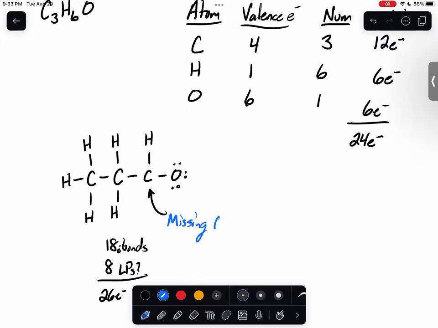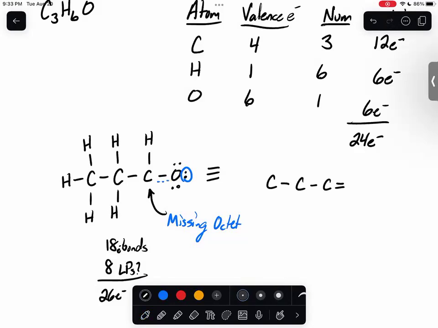So the question becomes, how do we fix that missing octet while not messing up our electron count? And the answer is we can actually make double bonds, right? All these single bonds are fine, but to keep both the oxygen and the carbon happy, we can take one of these lone pairs of electrons and share it between the carbon and the oxygen by forming another bond there, right?